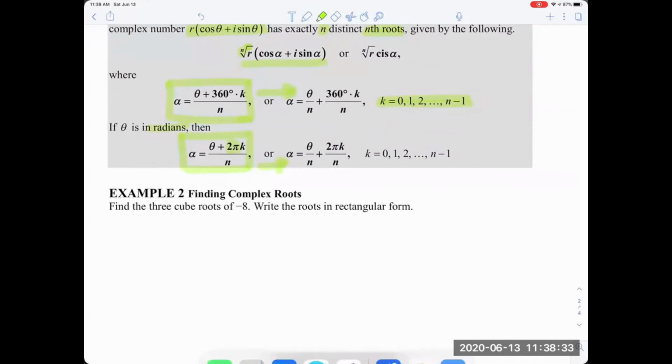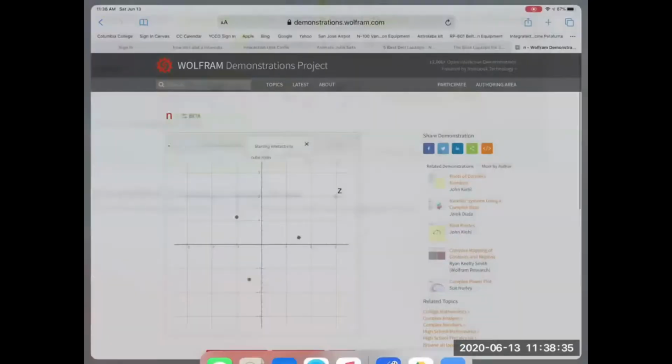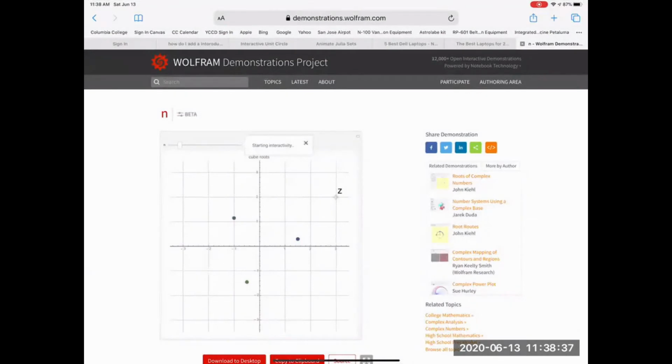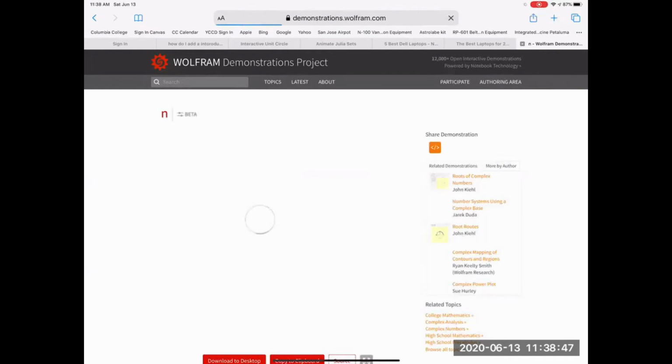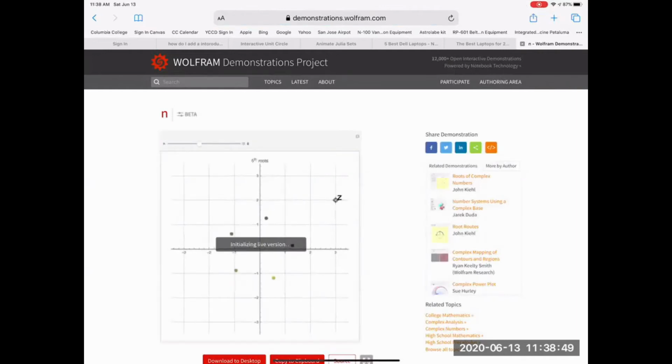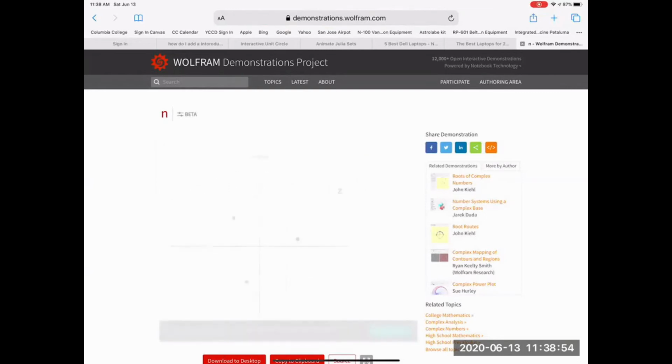Now, before I do that, let me see if I can find this. I'm going to reload this for a moment, but on my iPad, the live demonstration doesn't work for some reason. But if I reload it, I want you to pay attention to what's happening here. So you see as n increases, you have multiple roots, and they show on the screen.